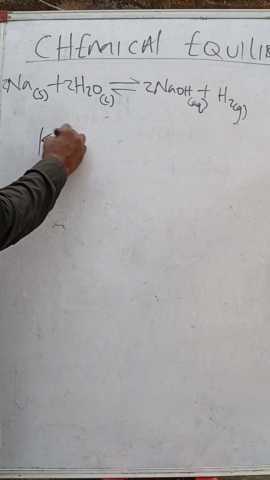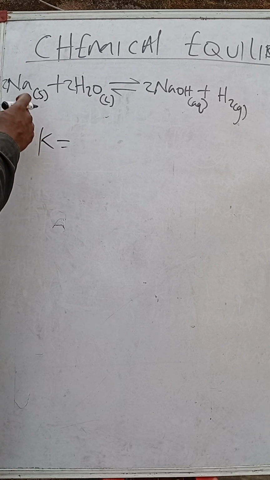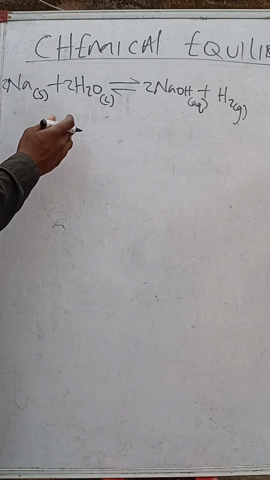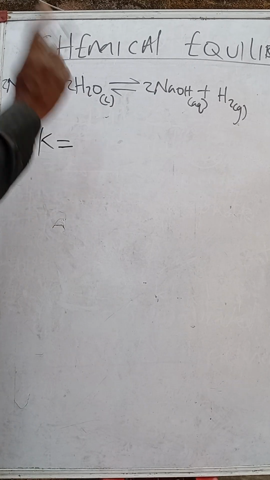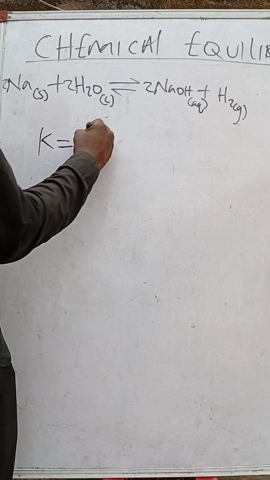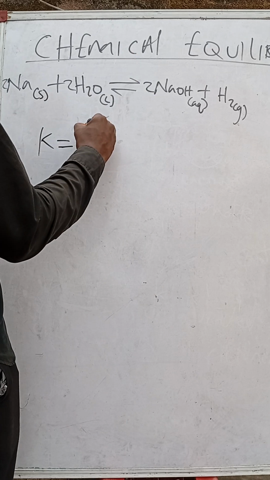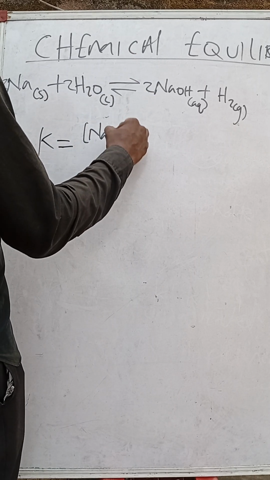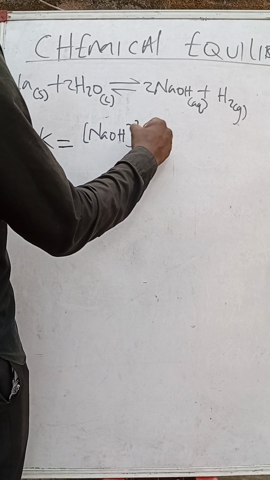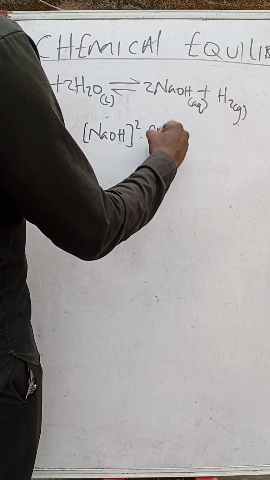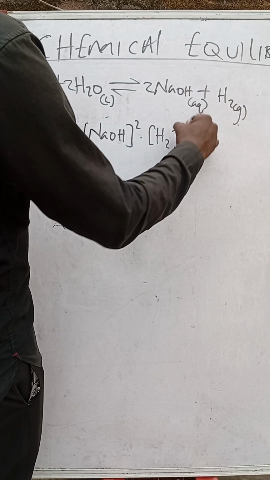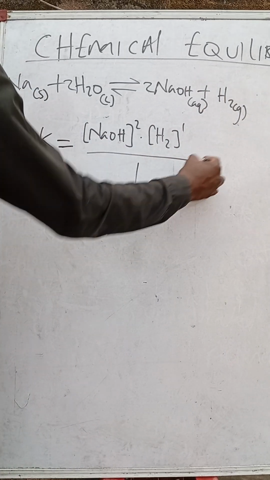Those for solids and liquids will not be expressed. They are taken as unity, one. Assuming this reaction goes to equilibrium, it's going to be NaOH raised to power 2 multiplied by, these are products, the active mass of H2 raised to power 1, all over 1. This is the answer.